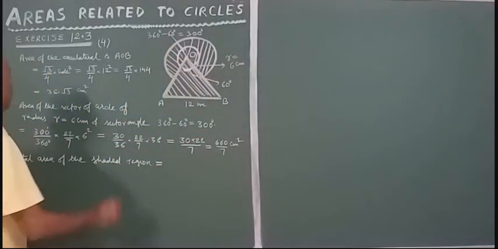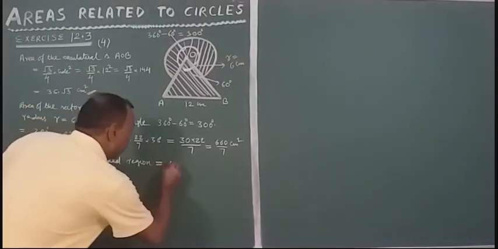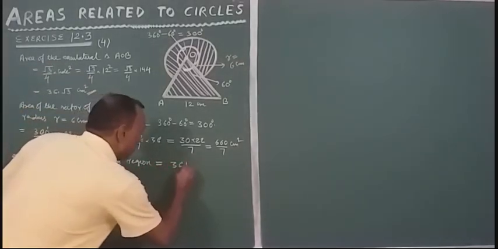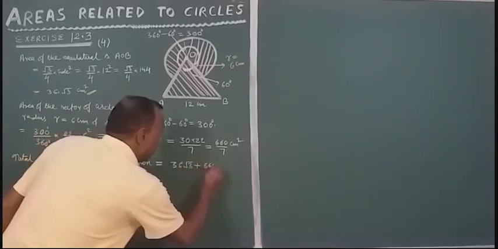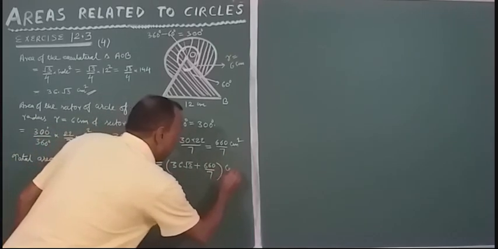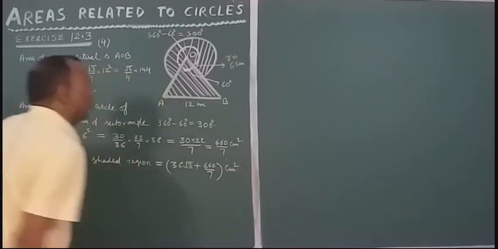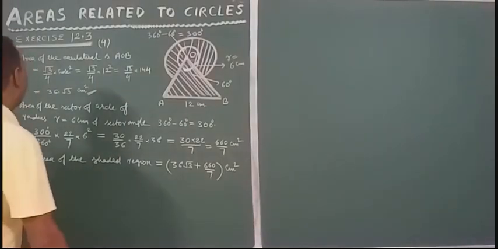So what will be the area of the triangle? 36 under root 3 and plus 660 upon 7 centimeter square. So what is the area of this shaded region? 36 under root 3 plus 660 upon 7 centimeter square.